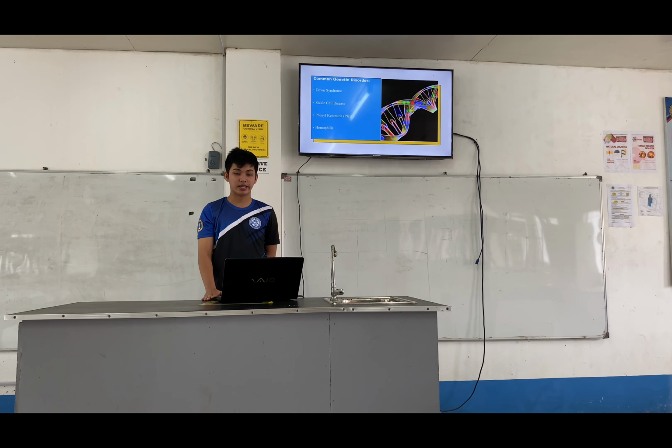Second is sickle cell disease. Sickle cell disease is a blood disorder marked by defective hemoglobin that blocks small blood vessels, causing painful and damaging complications. The third is phenylketonuria, a rare inherited disorder that causes an amino acid called phenylalanine to build up in the body because it is unable to break it down.